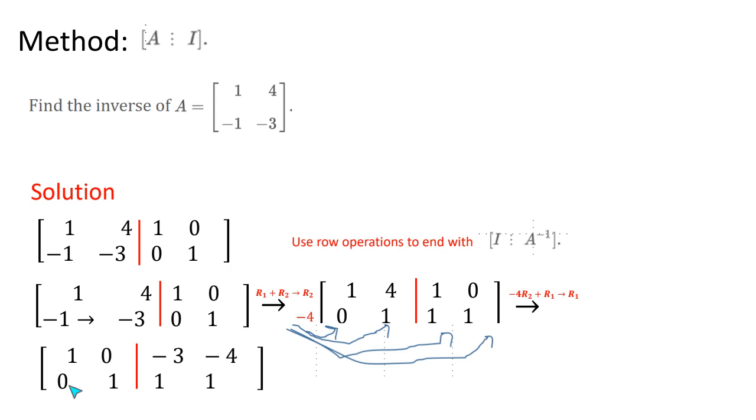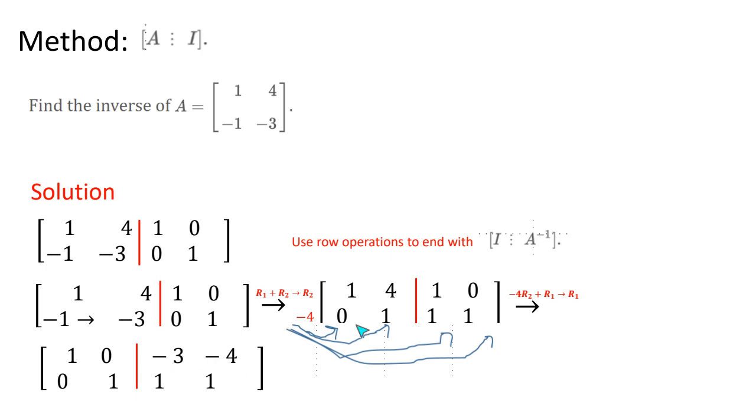If you notice here, I have my row 2. I didn't change it at all. Now if I multiply, -4 times 0 is 0, plus 1 is 1. So that goes right here. -4 times 1 is -4, plus 4, 0. -4 times 1 is -4, plus 1 is -3.